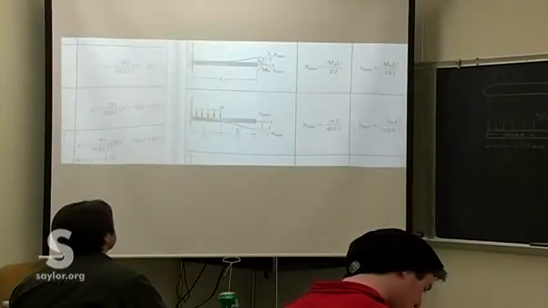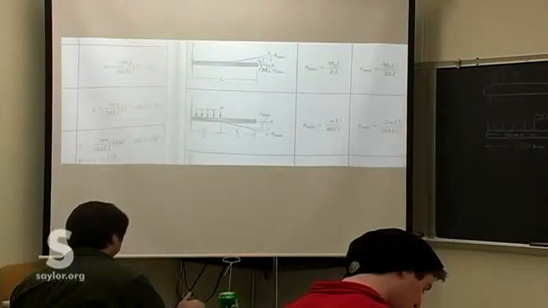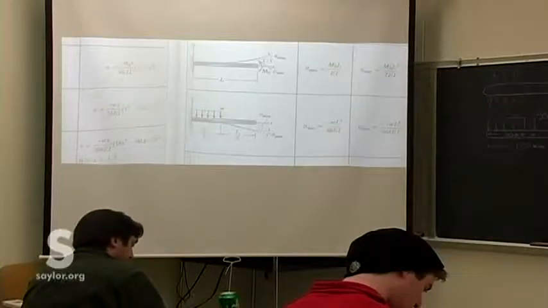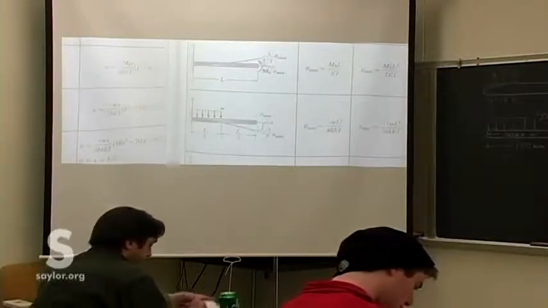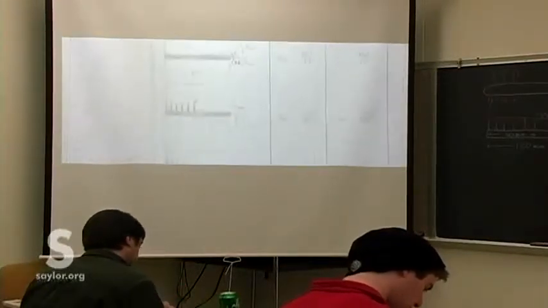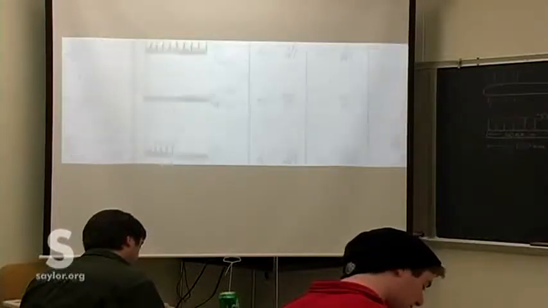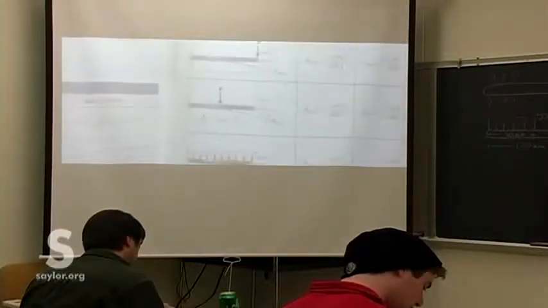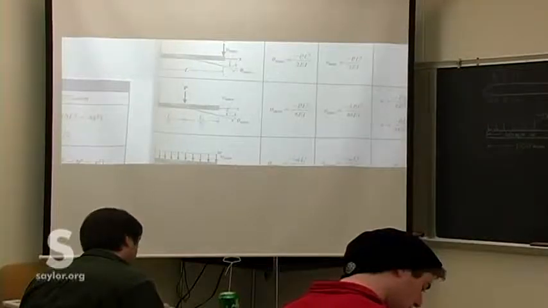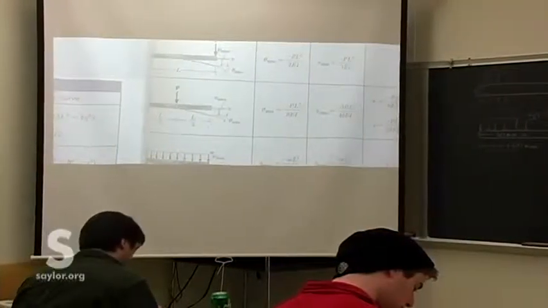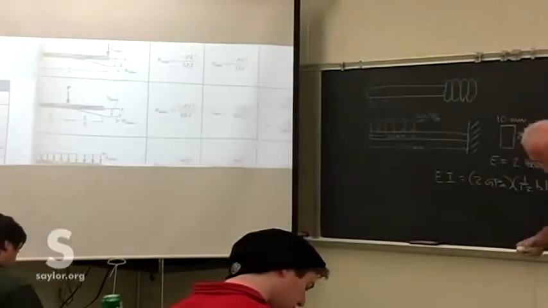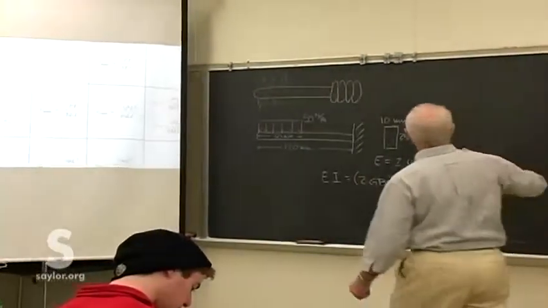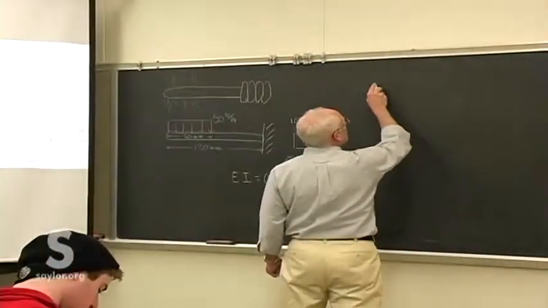There's a uniform load halfway across the beam, but it's at the cantilevered end, not at the free end. So we can't use that solution. So we don't have an available solution in there, but we can make an equivalent picture of it that will suffice.